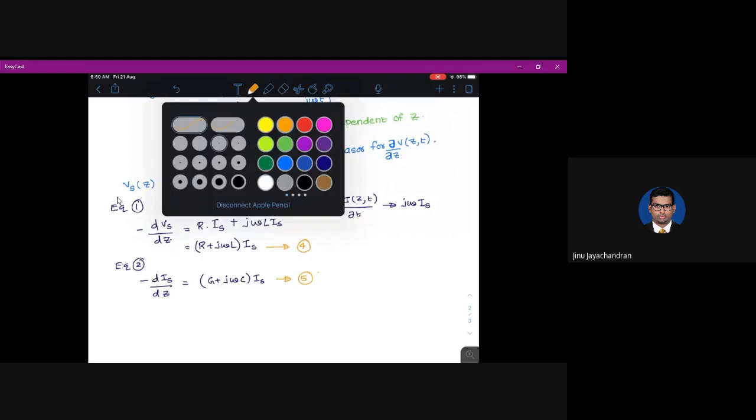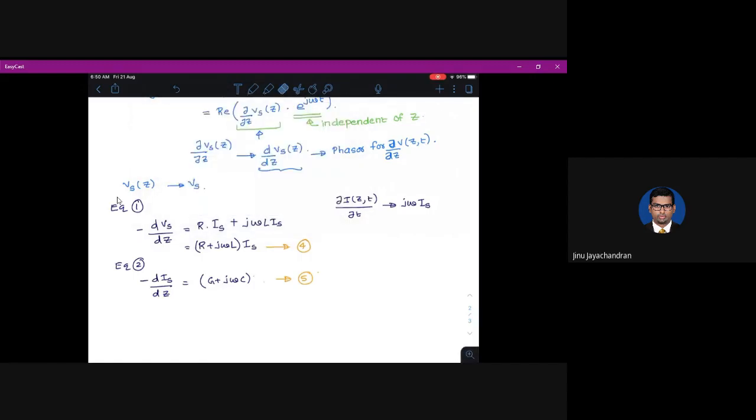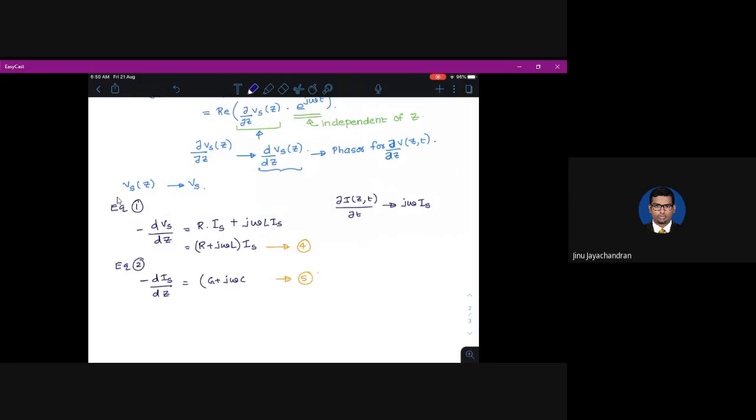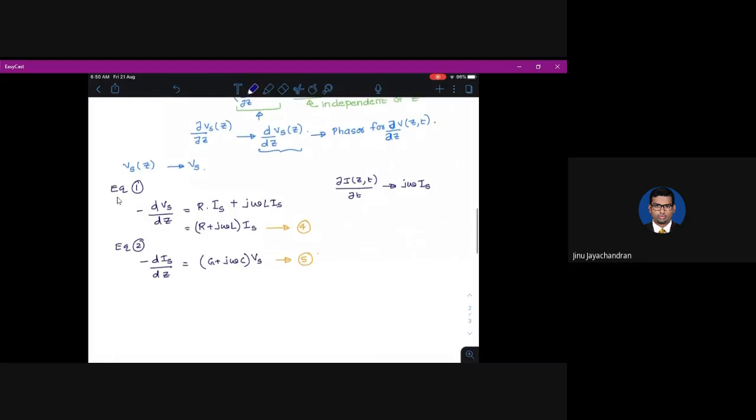Okay, and there is one more mistake that I made. So this should be Vs. Now I can substitute. If you look at this equation, you have an expression in terms of Is here, because Is is equal to minus dVs by dz divided by R plus jωL.